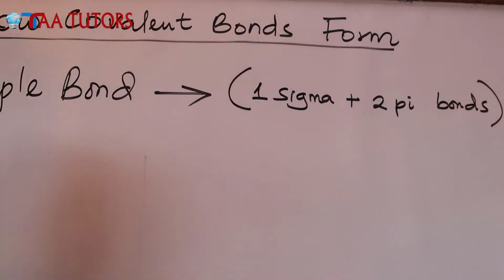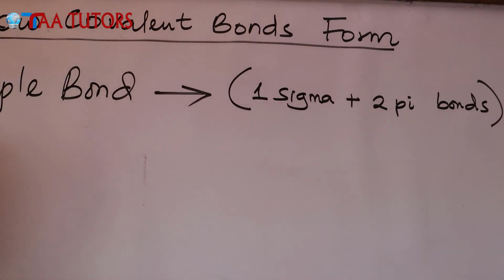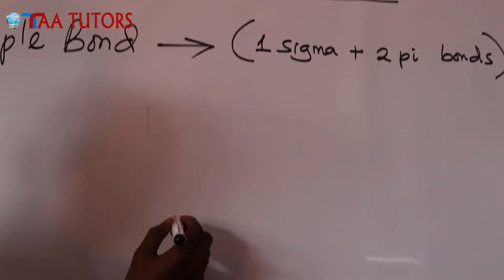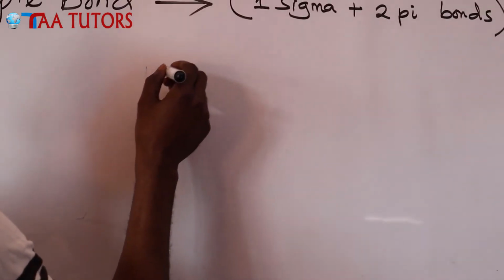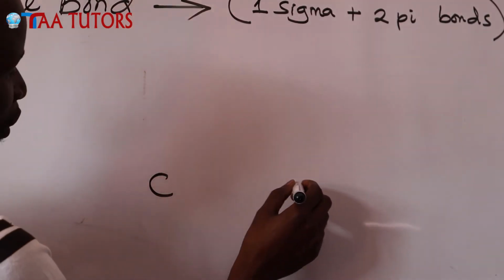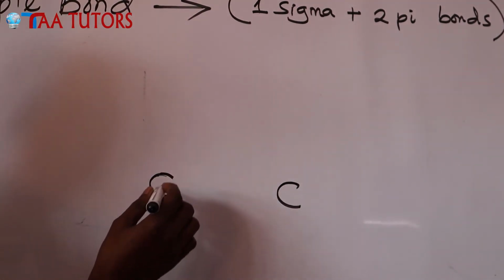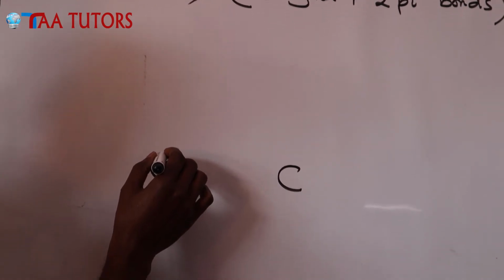That's what we have. So we expect we are going to have two pairs of overlapping and then one sigma in between. Let me see, assuming we have, I want to draw something here. Let me say this is the carbon atom. This is another carbon atom. We have them there.